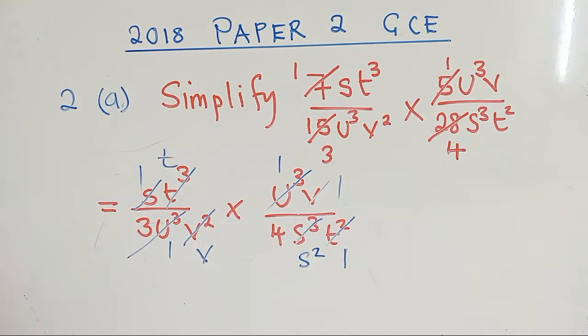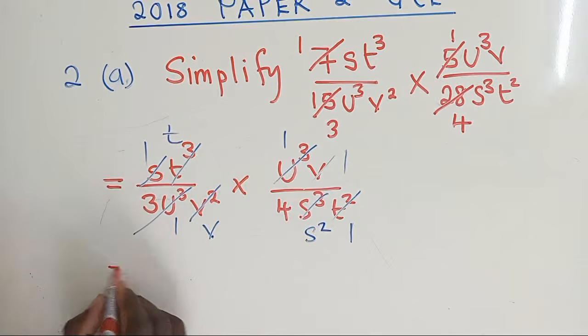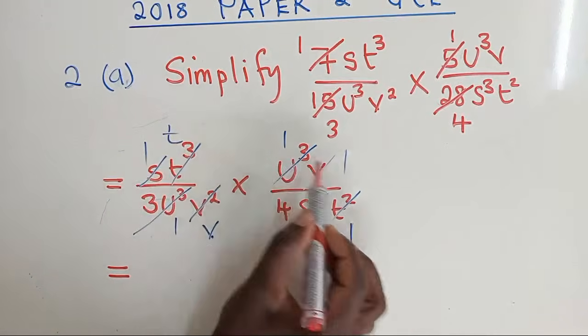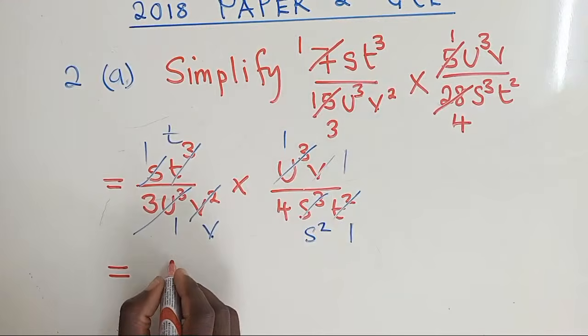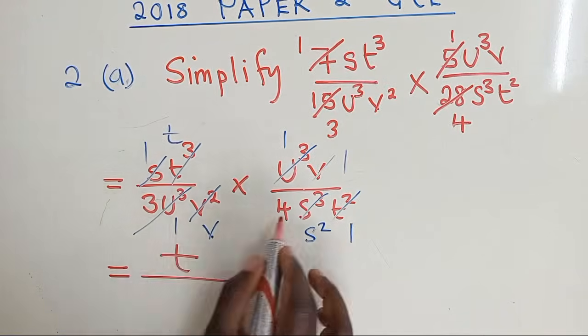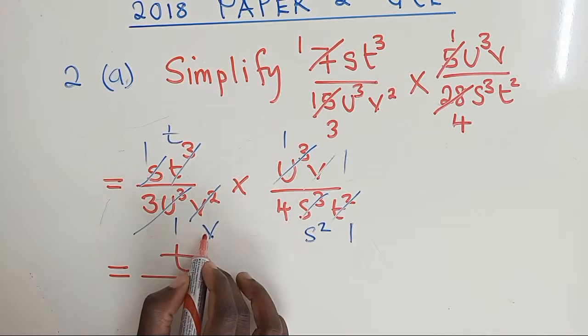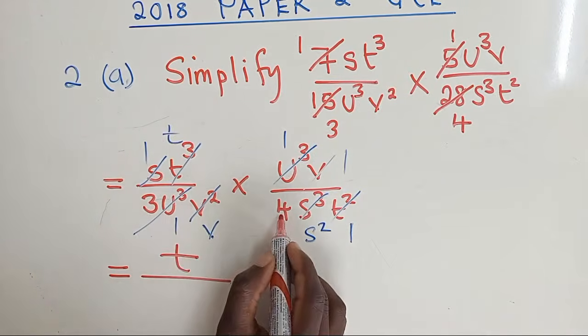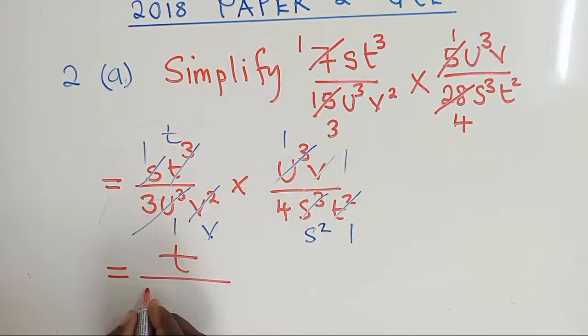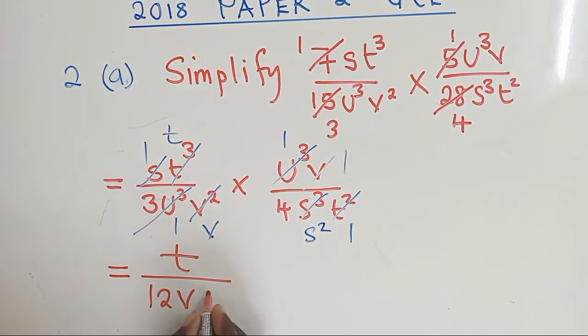So if we are able to see nicely, we have 1 times T times 1 times 1. It's a T, okay, over 3 times 1 times V is 3V times 4 it's 12V times S is 12V S squared times 1. So 12V S squared. This is our solution.